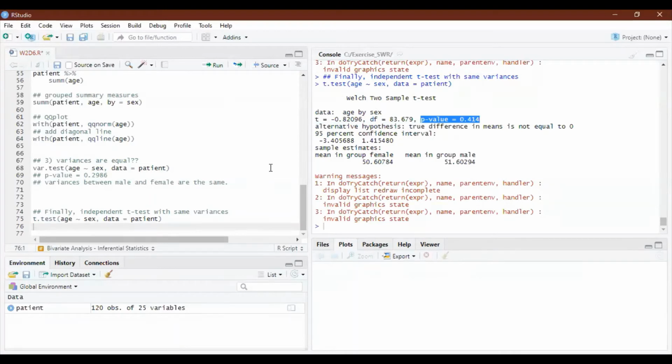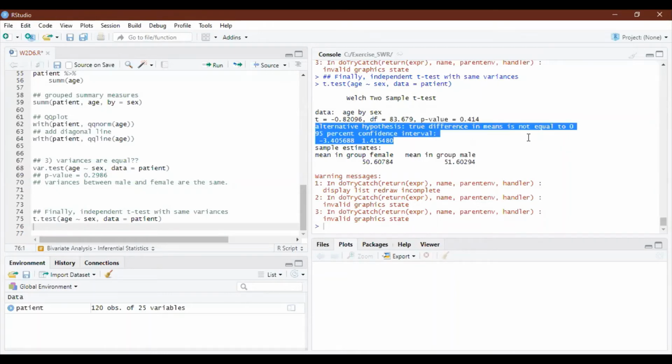The null hypothesis is that the average age for males and the average age for females are the same. The alternative hypothesis, as written here, is that the true difference in means is not equal to 0. So we have the mean in group female and the mean in group male, and we have a difference.